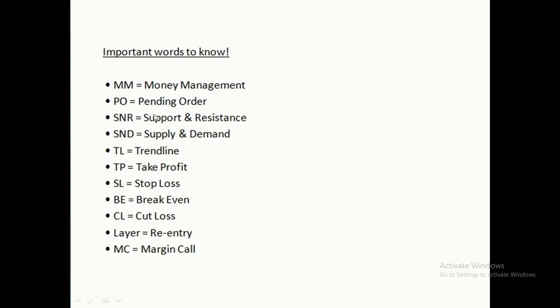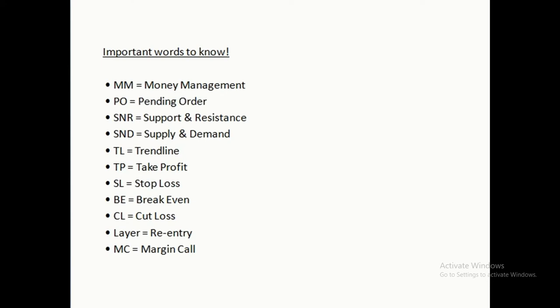Then we have the PO, which is pending order. Some of these short forms are what you just hear, like PO, SNR. Those that are conversant with forex trading know what these things mean. PO is pending order.